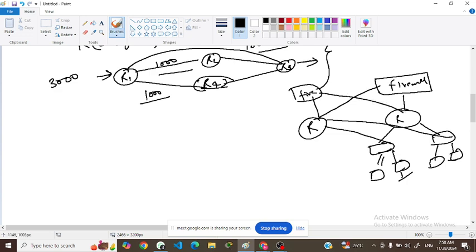Guys, are you getting my point? Should I draw another diagram? Let me write it down. These are two routers. These are two firewalls.